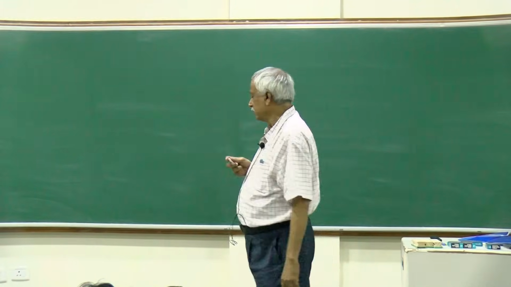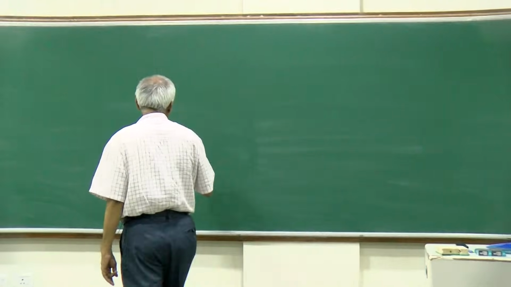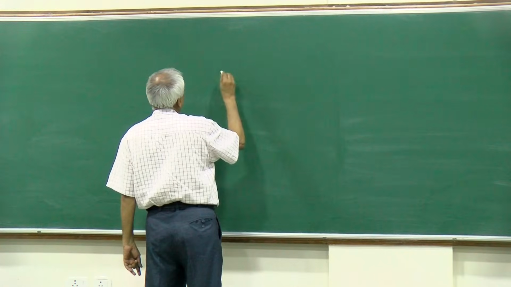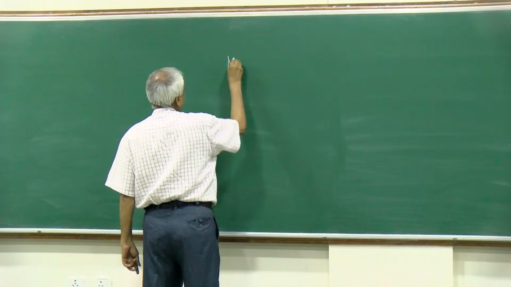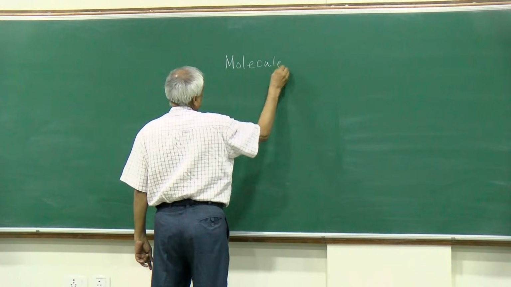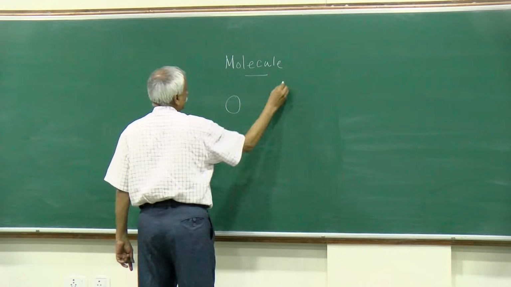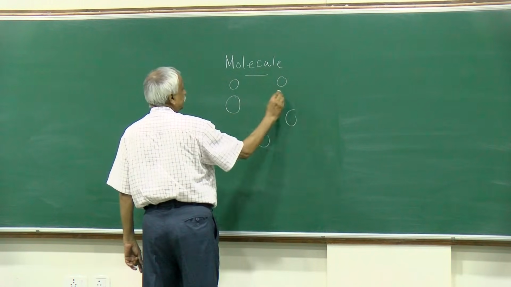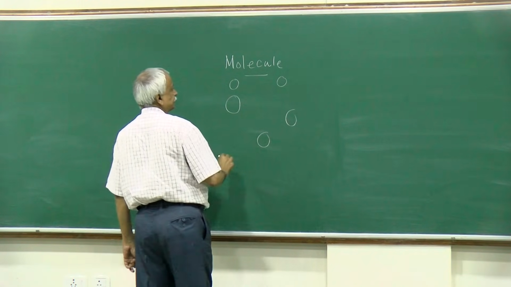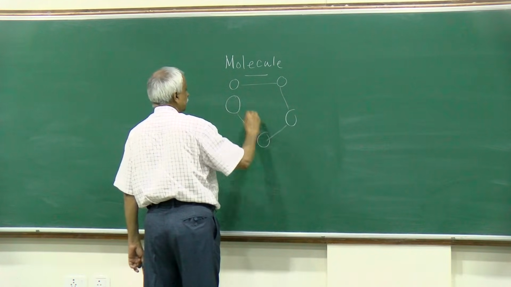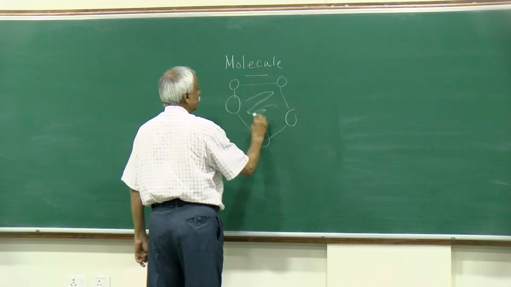So you have a molecule, and these are the nuclei. If you want certain bonds also, let's say, and there is some electron density distribution.